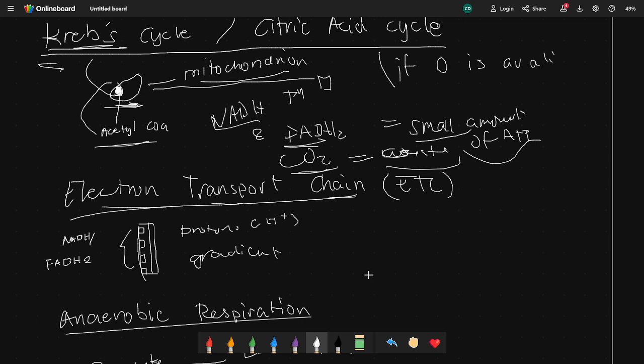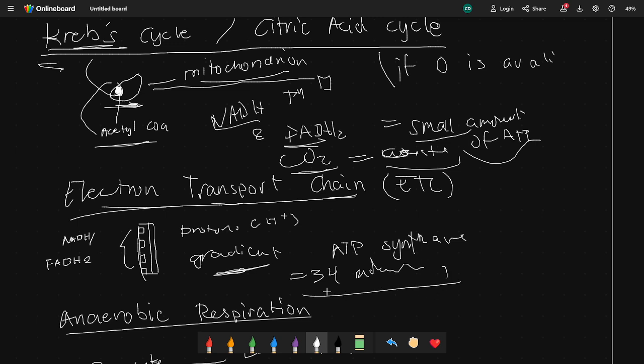The enzyme ATP synthase uses this gradient to crank out a lot of ATP, roughly 34 molecules.